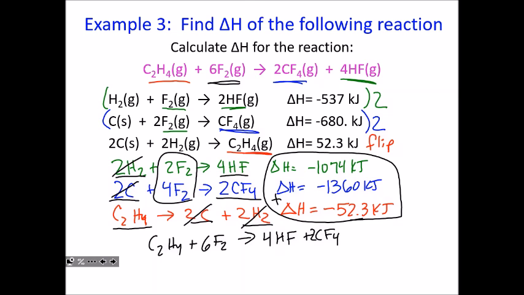Okay, so our calculator answer when we add them is going to be different than our sig fig answer, but we're going to check that. So I get negative 2,486.3 kilojoules. Now this is an adding problem, and what's the rule for significant figures when we're adding? We're looking at place values, and this one, the place value is the ones, this one's the tens, and this one's the tenths.